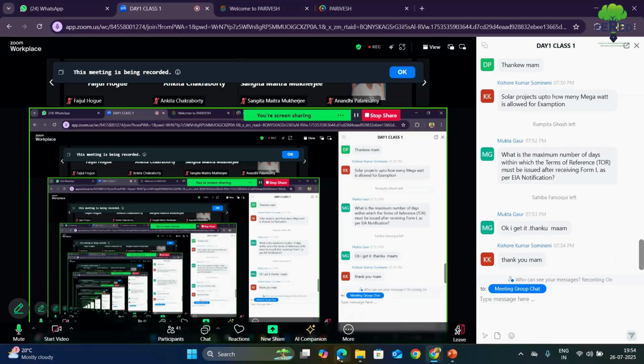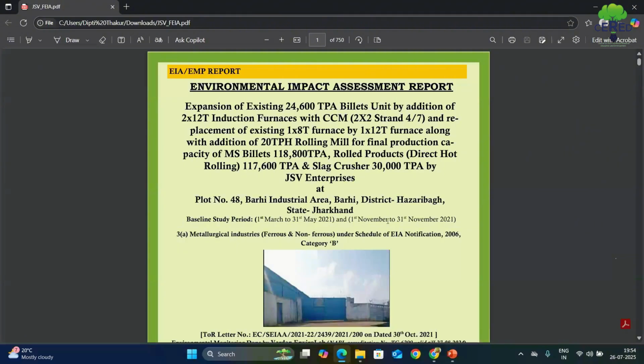Okay, then I will start with one project. The project is an expansion of the existing 24,600 TPA billet unit by addition of 2 into 12 ton induction furnace with CCM 2 into 2 stands 4 by 7, and replacement of existing 1 into 8 ton furnace with 1 into 12 ton furnace, with addition of 20 TPH rolling mill for a final production capacity of MS billet 1,18,800 TPA, roll product direct hot rolling 1,17,600 TPA, and slag crusher 30,000 TPA by JSV Enterprises.